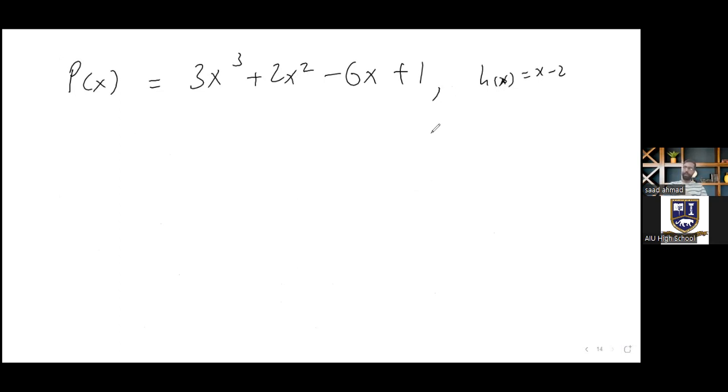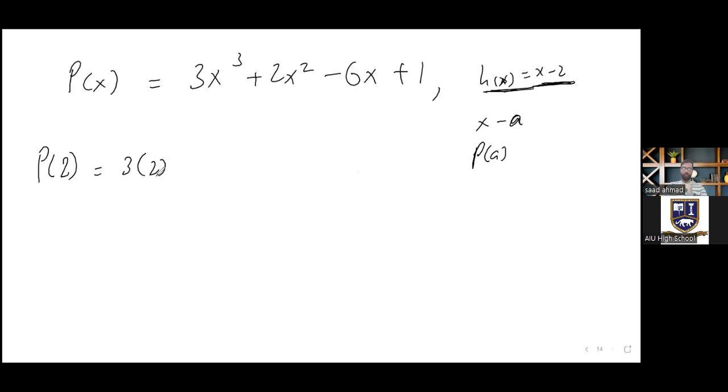We can divide it with long division and find the quotient and the remainder, but the remainder theorem tells us that since it says x minus a, here a is 2. So we need to find p of 2.